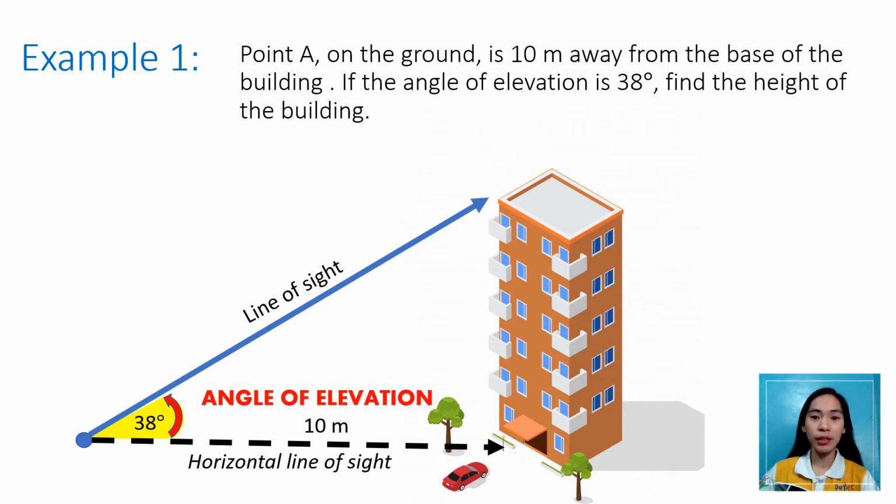Okay, so how are we going to solve for the height of the building? Is it possible to compute for the height of the building? Yes, it is possible by the use of trigonometric ratios. Remember the three basic trigonometric ratios, which are sine, cosine, and tangent, right?